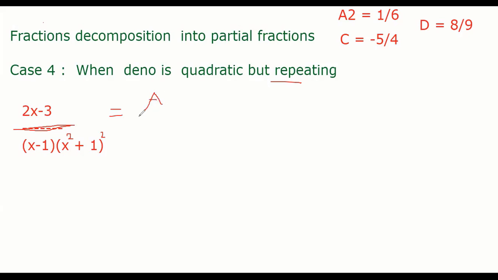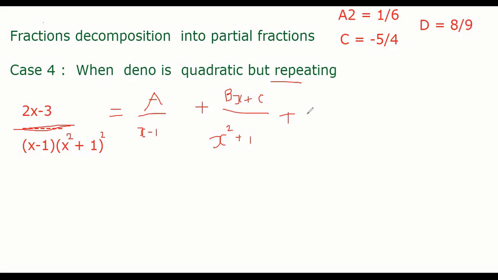First A over x − 1, तो x − 1 ये तो सिंपल लीनियर हो गया। उसके बाद निष्ठा, bx + c, वही जो पहले केस में किया था, bx + c लेंगे। डिनोमिनेटर में क्या होगा? x² + 1. Only x² + 1 guys, not the whole square, because अब आएगा लास्ट वाला.